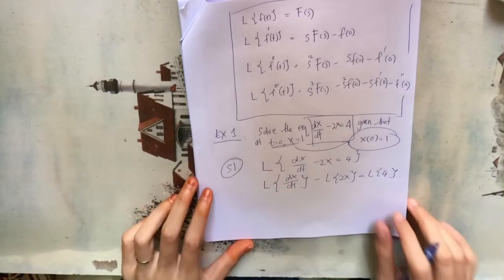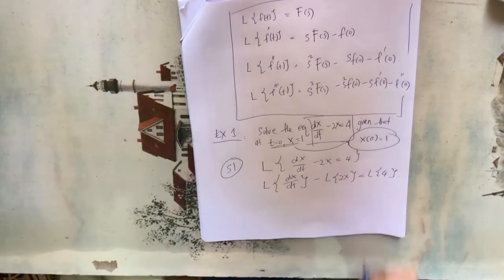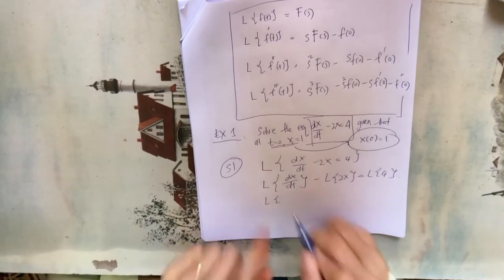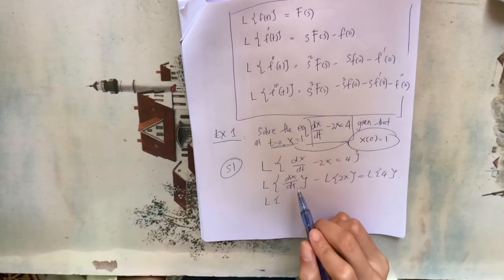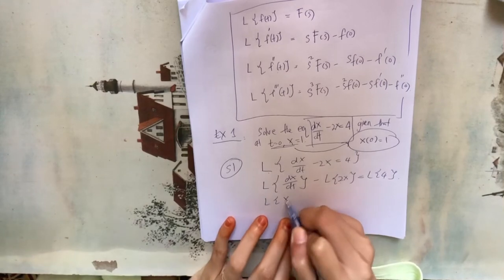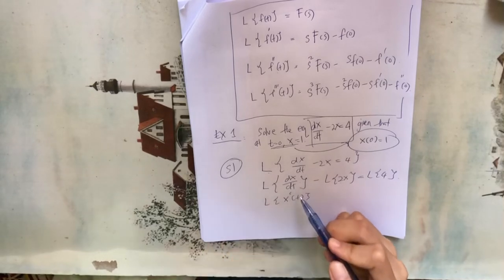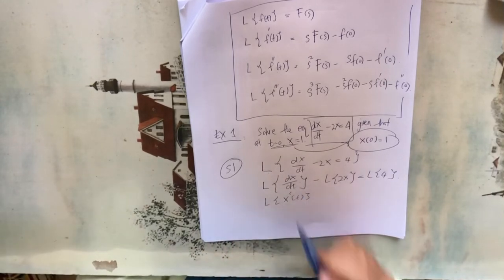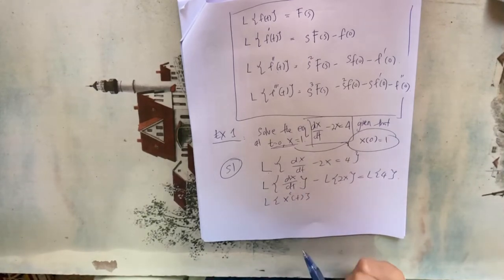Before that, can you see this is dx/dt? We don't want to write dx/dt, we want to write it as x prime t. These two are equivalent. It is the same thing, I just changed the way of writing it.